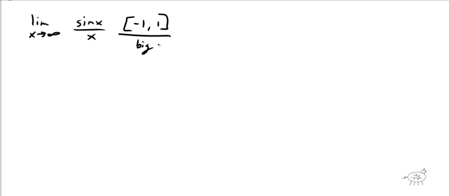If the bottom's getting huge, it's going -1 billion, +1 trillion, -1 quadrillion, +1 quintillion. It's getting closer and closer and closer to 0. So the limit as x approaches infinity of sine of x over x is 0. And then just think logically about it. Sine's fluctuating between -1 and 1, bottom's getting bigger.